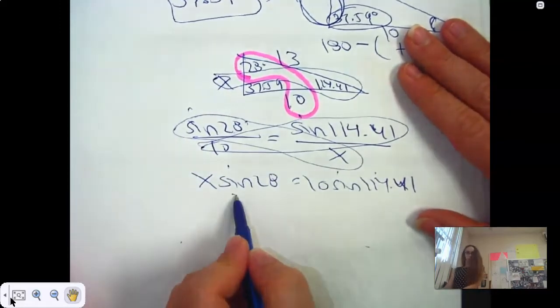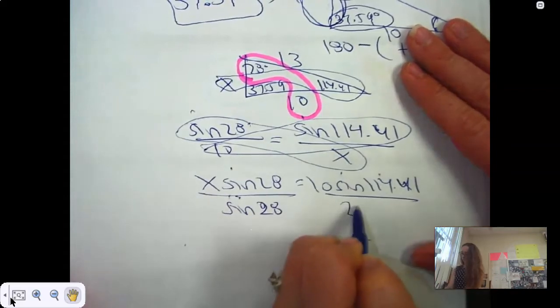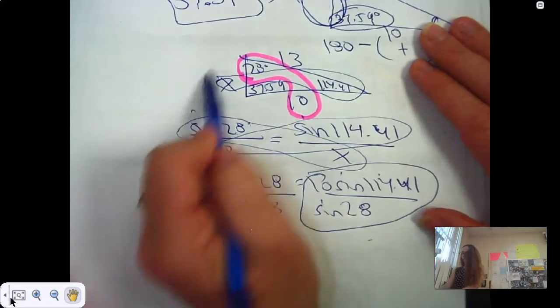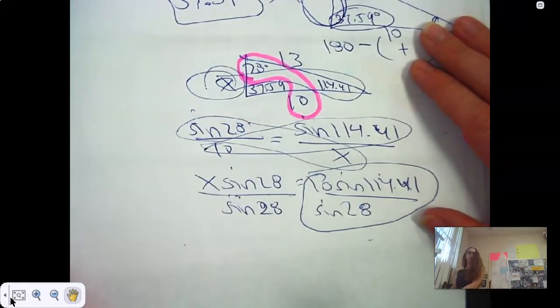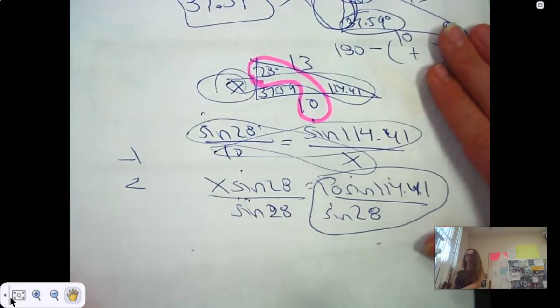And then how do I solve? I divide by sine 28. I don't have to do any inverses here. And whatever this is in my calculator, that's the third side. I only do the inverse when I'm finding an angle. Okay, we will practice that more, but I wanted to just see it, okay?